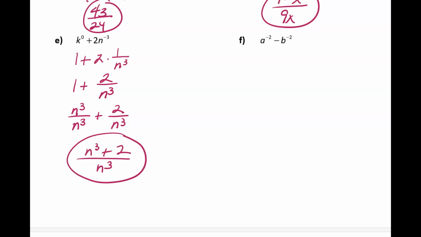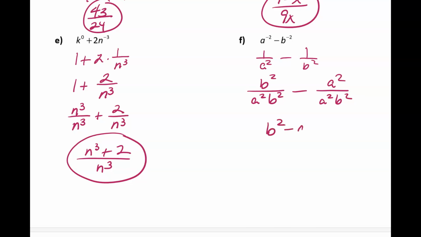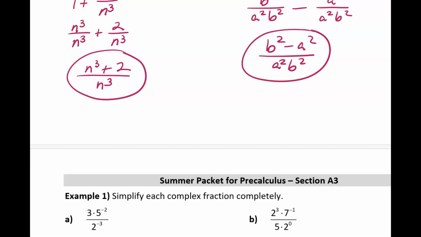In F, exponents first. Now we want a common denominator. So our common denominator is going to be a squared b squared. So b squared over a squared b squared minus a squared over a squared b squared is b squared minus a squared over a squared times b squared. And that's it for that section.